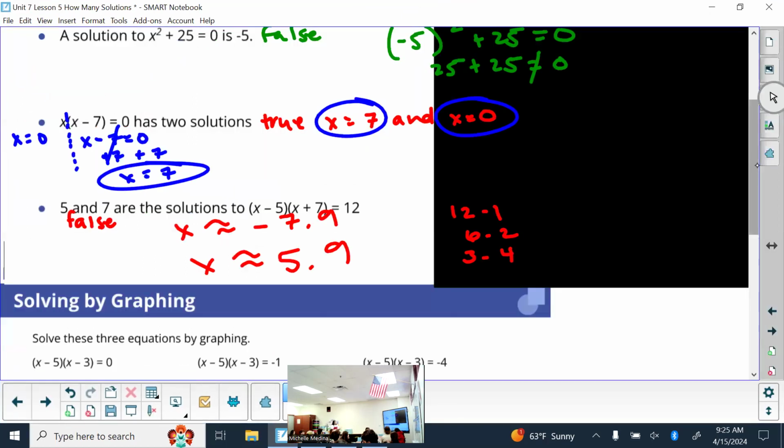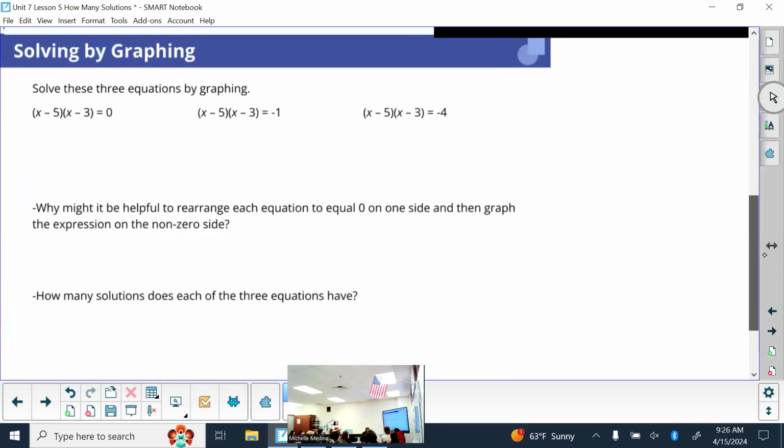But moving on. So first activity is that you are going to solve these 3 equations by graphing. So you are allowed to use graphing technology. Be able to identify the solutions and maybe sketch the graph, because that will be important for you.